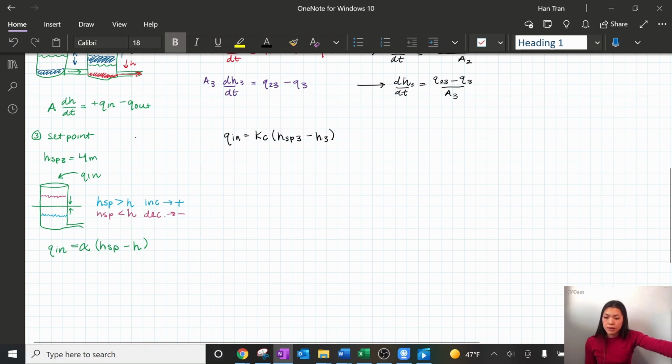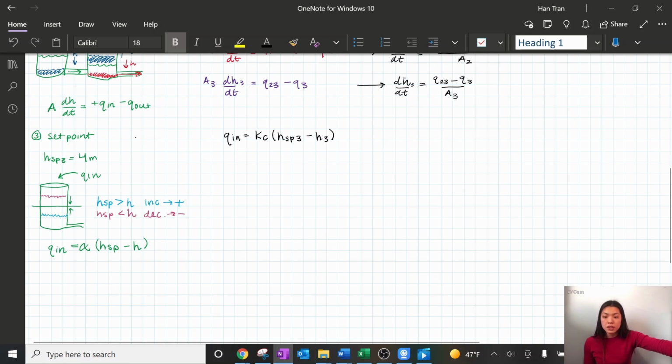And we also talked about how if the set point is greater than the actual height, then the amount of fluid in the tank needed to increase by adding in more fluid. And then we talked about if the set point is less than the actual height, we needed to decrease the amount of fluid in the tank.